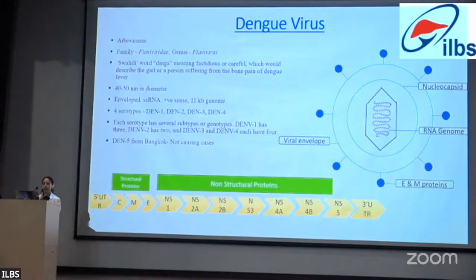The genetic material comprises a single open reading frame flanked by untranslated regions at the 5' and 3' ends. The ORF translates into a single polyprotein undergoing cleavage at specific locations by either the viral NS2B-NS3 protease or a host-derived signalase.